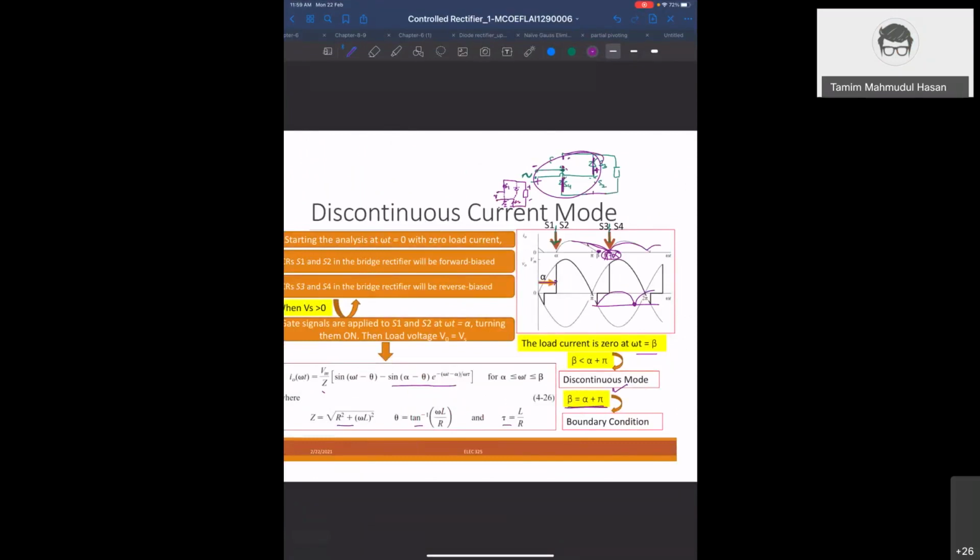I see that there is a negative portion in the beginning. This is a steady state condition. Already one cycle, two cycles have passed. Yes, if you start from the first one, then of course it will be different.